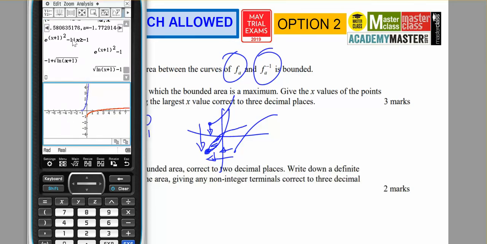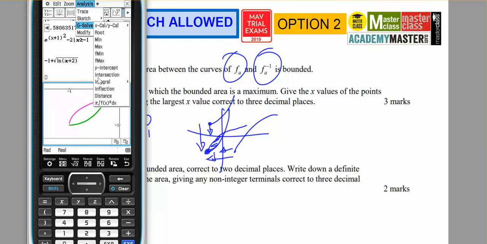Beautiful. So if I change this to -2, I change that to +2, I'm going to get this, I'm going to get this, and I'm interested in the x values of the intersection.